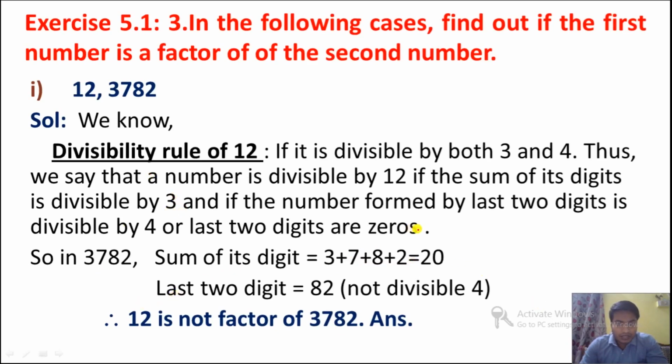Then the last two digits we have are 82, and that is not divisible by 4. So both conditions are not satisfied here. That means 12 is not a factor of 3782. Clear? So this is how you have to check.